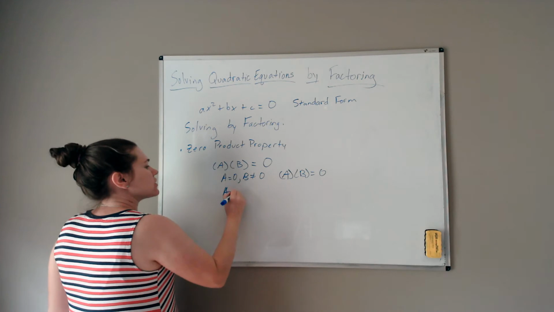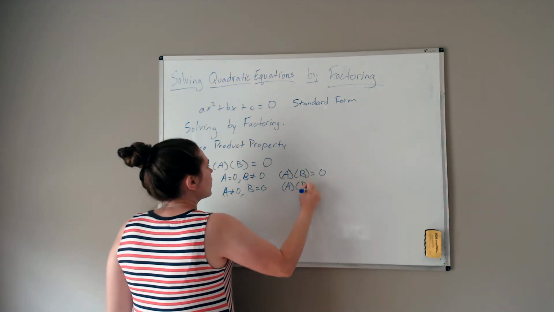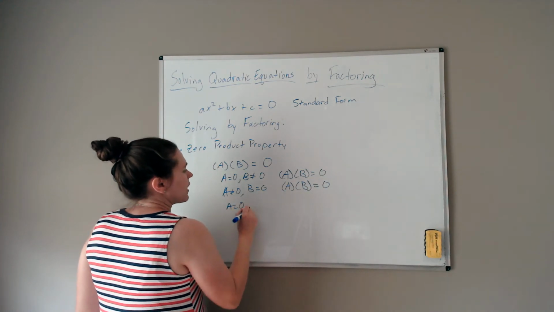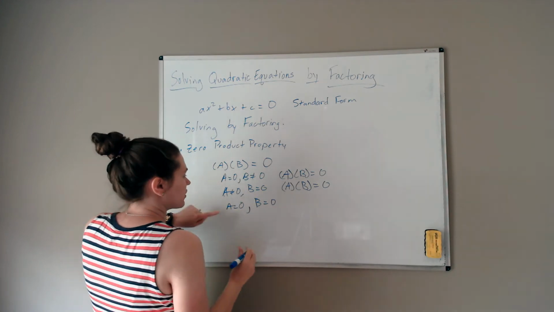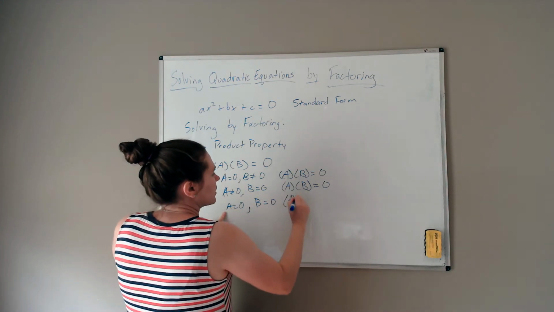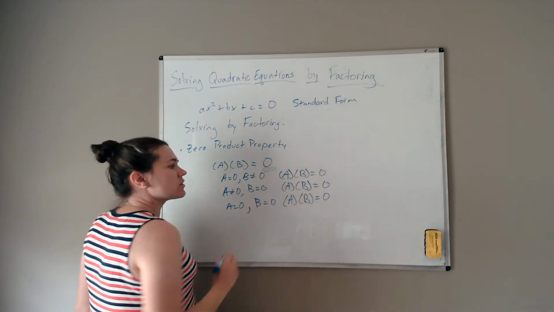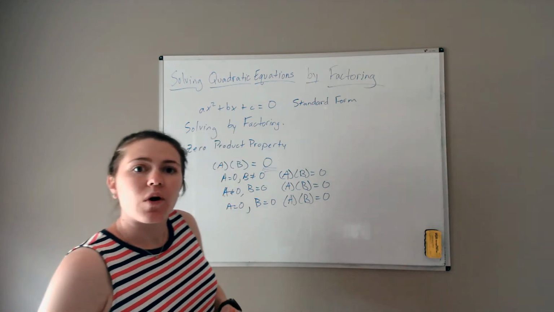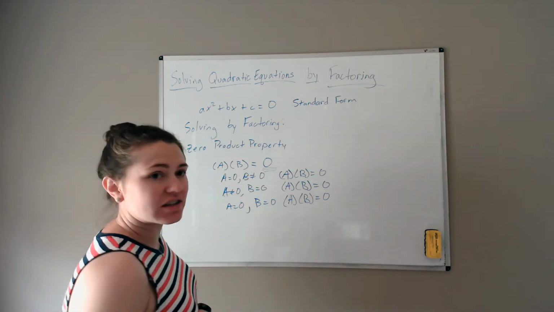If A doesn't equal 0, but B equals 0, well then the product will equal 0. If they're both 0, well then the product is 0. And that only works for when it's set equal to 0. No other number is this true.